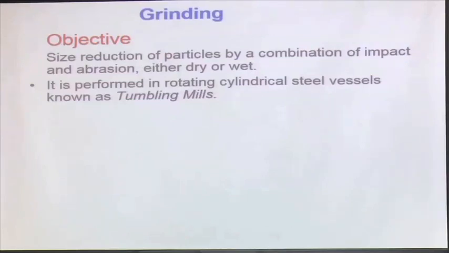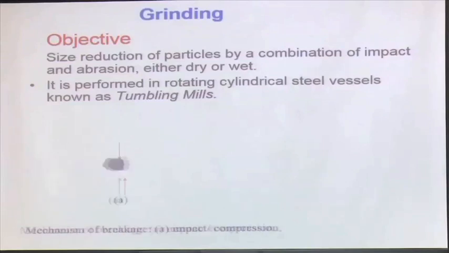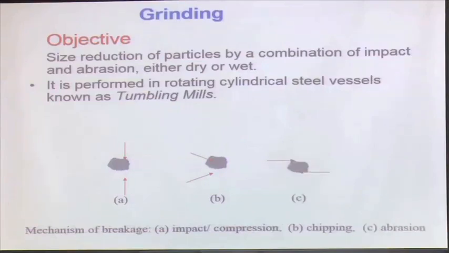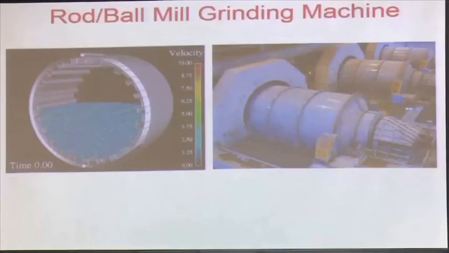So, there we use a combination of different forces in a machine, because we need more input energy. Here we first try to use impact or compression, along with that we want to use chipping, and also abrasive forces. What does the machine look like?